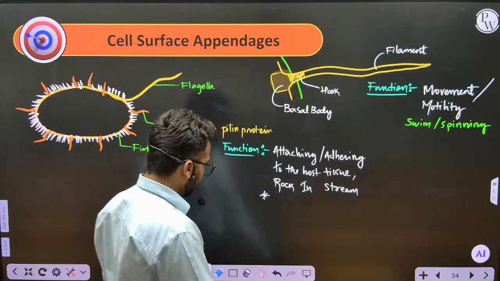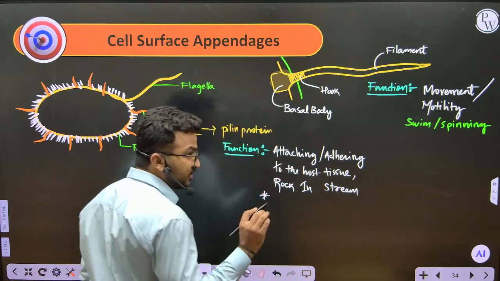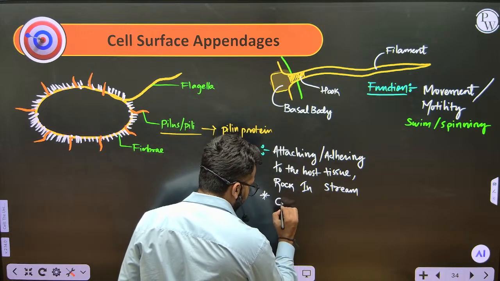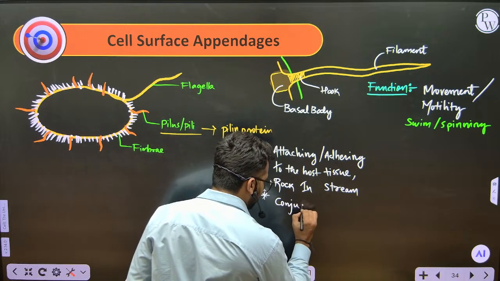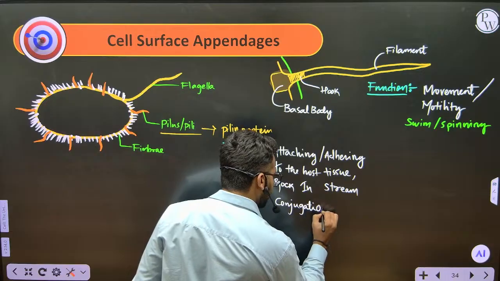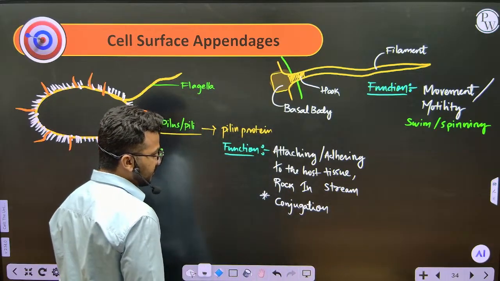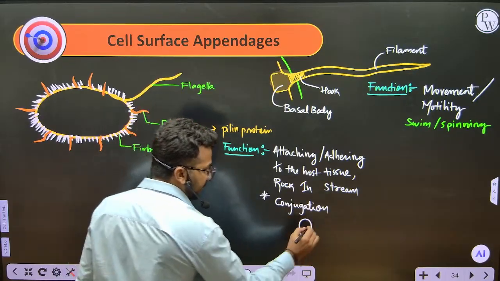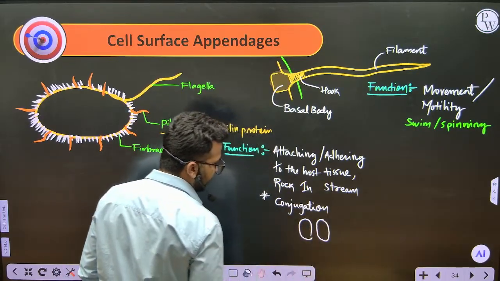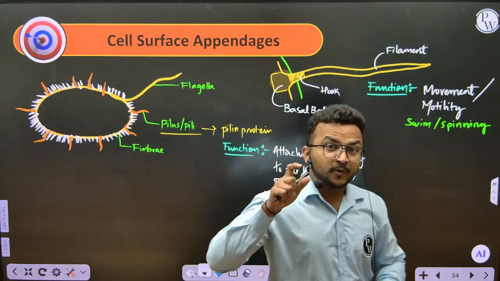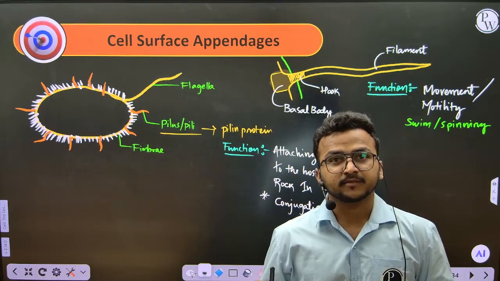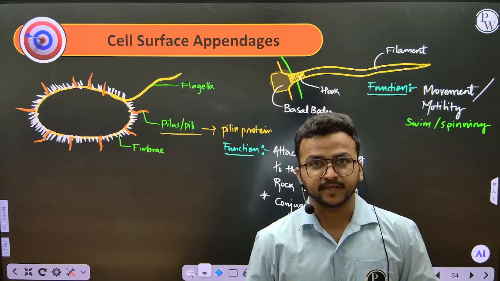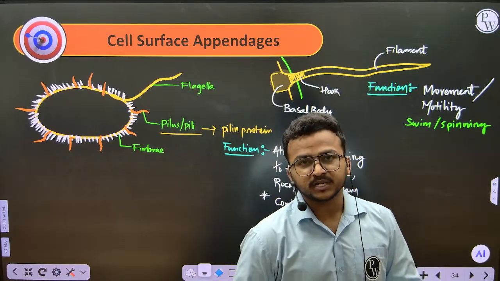Sex pili in the sense, it will be used in the conjugation process. Conjugation in the sense, one bacteria is there, and another bacteria is there. If you see in bacterial case, there is no sexual reproduction taking place.